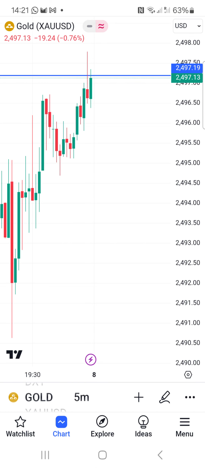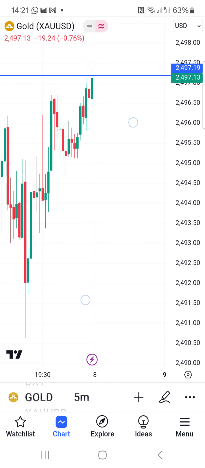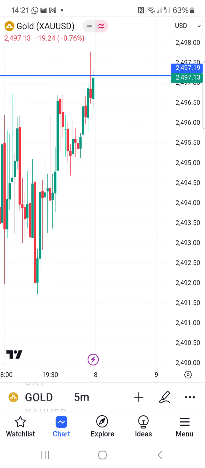Many people say that a 5-minute chart is noisy, but if I know that the 4-hour and 30 minutes chart is in a bullish trend, I will only look for buys in a 5 minutes candle. And if the 4-hour and 30 minutes candles are bearish, I will only look for sells.